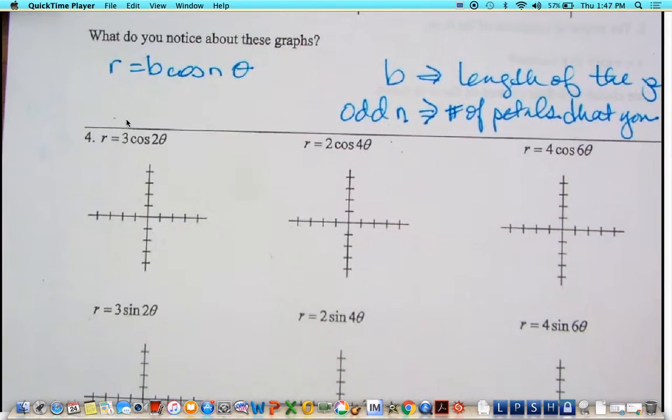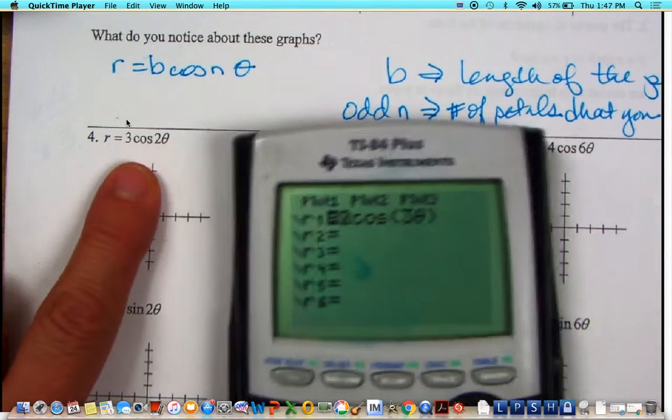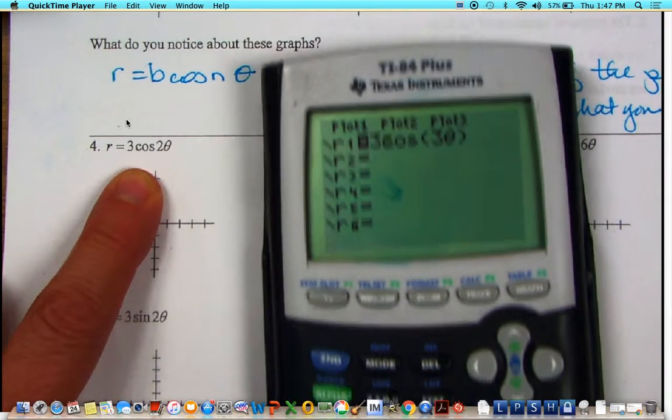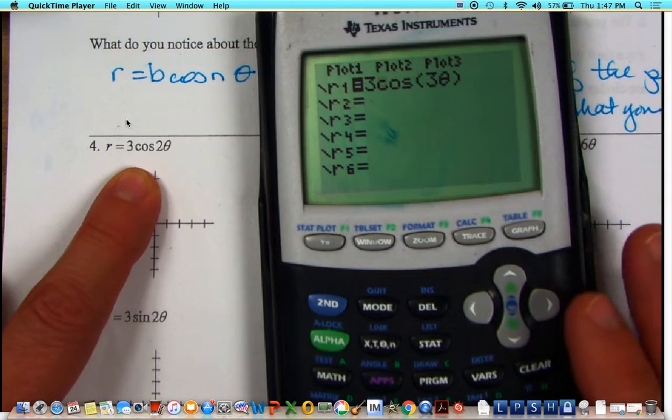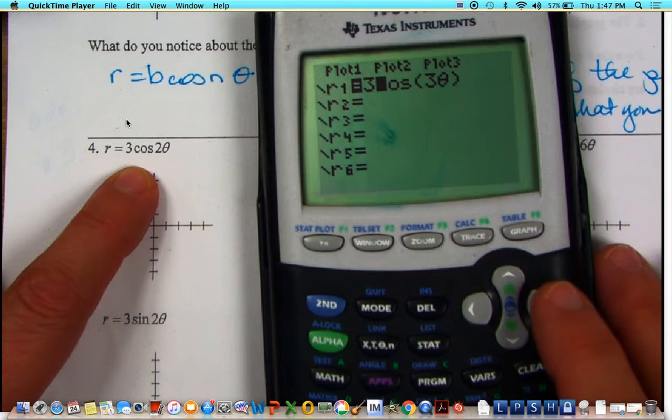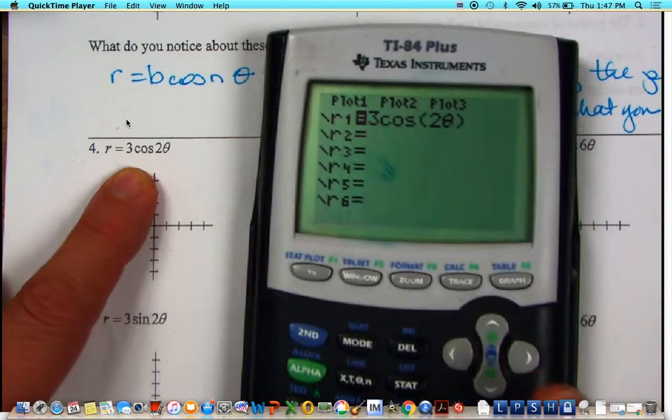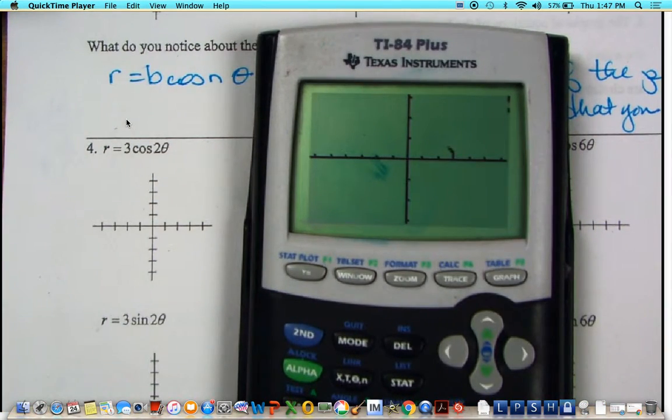Let's look at one more here. Let's go down here and look at 3 cosine 2 theta. So remember the first number gives you the length, right?